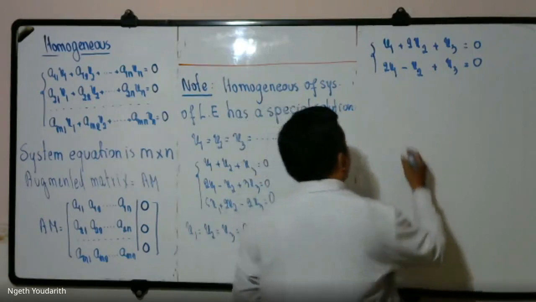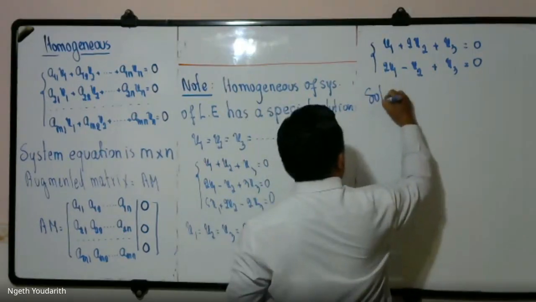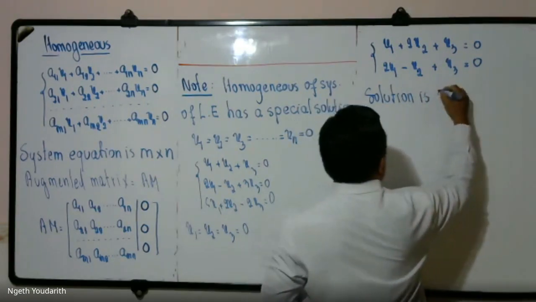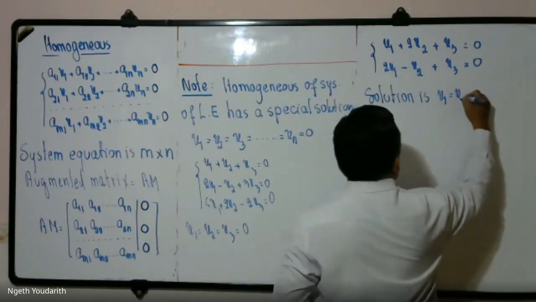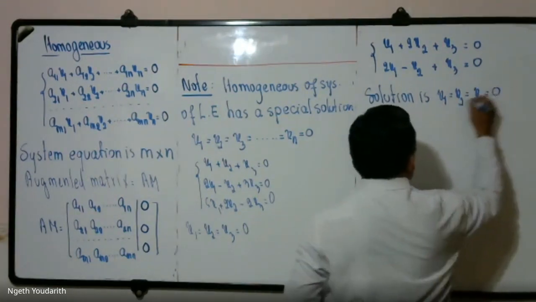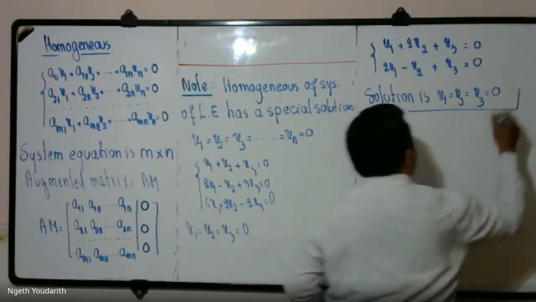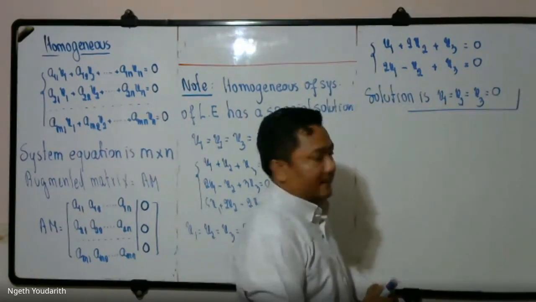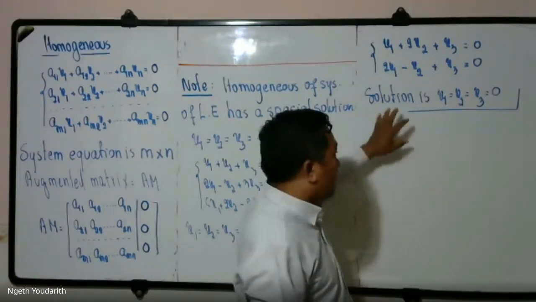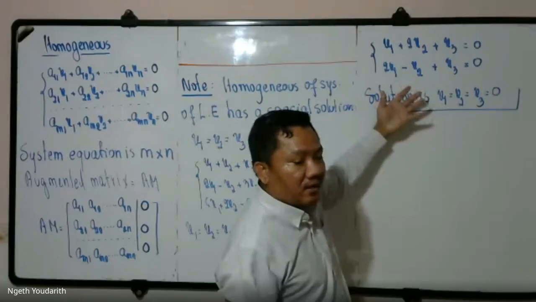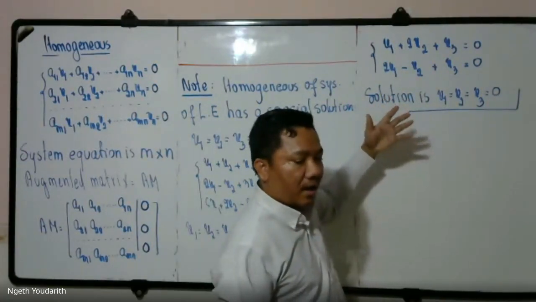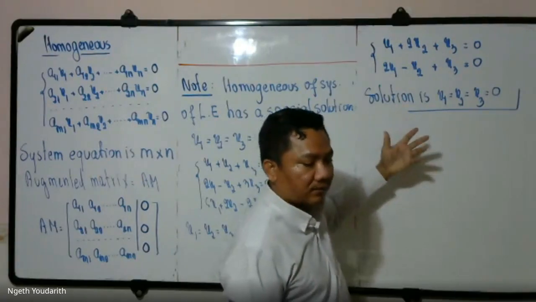So I write the solution: x1 equals x2 equals x3 equals 0. This is one solution of our homogeneous system of linear equations. But does this system have another solution or not?